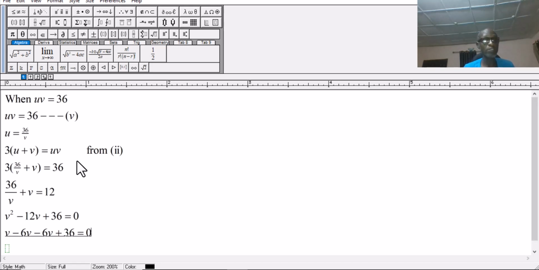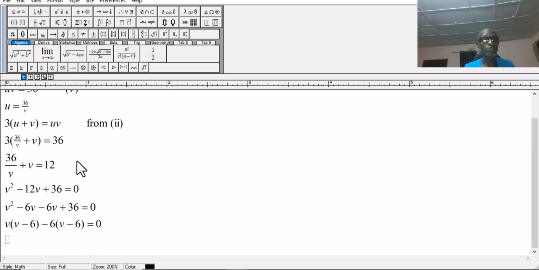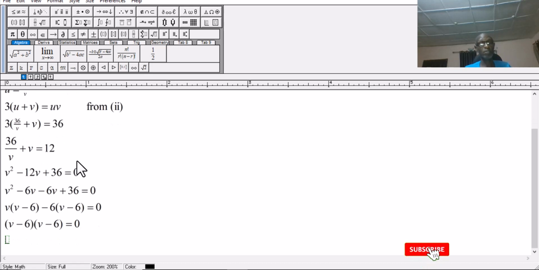So we have v into v minus 6, minus 6 into v minus 6 equals 0. So I will have v minus 6 then v minus 6 equals 0. That's a perfect square, actually. I didn't know. So our v is equal to 6.